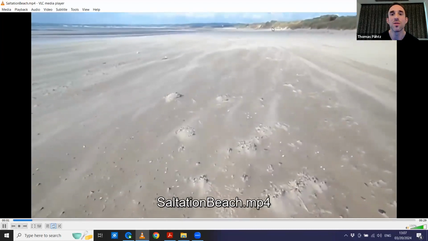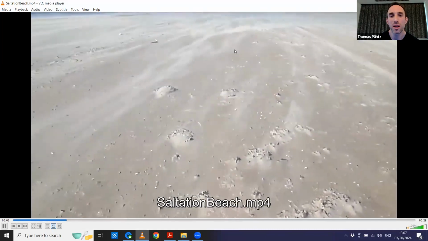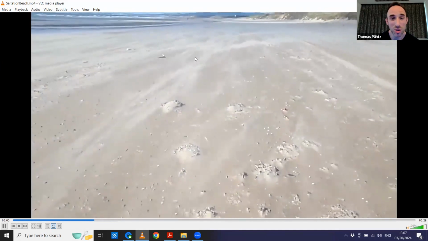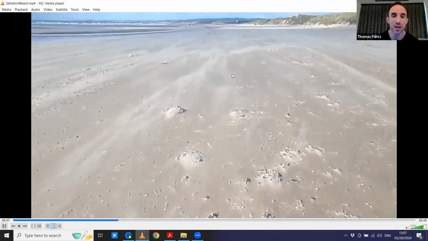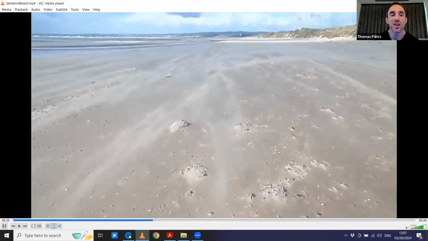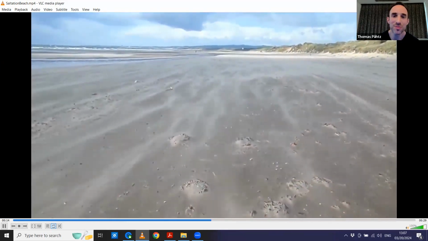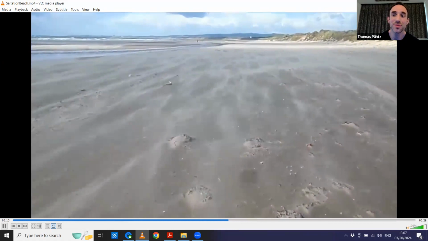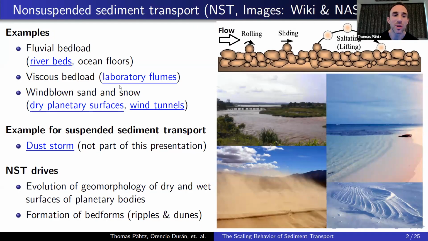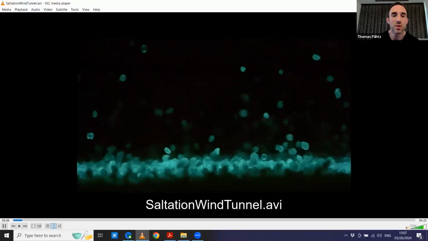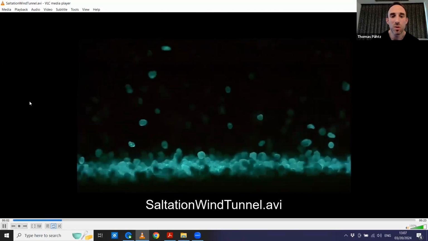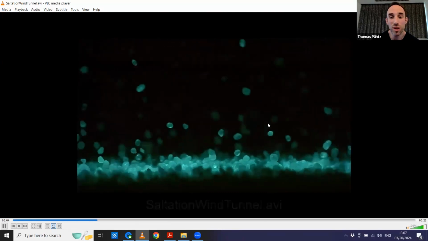Here you can see the wind is coming from above, and you can see those streamers, which are basically non-suspended sand transport by wind. And then you also study this in the laboratory, for example, in wind tunnels. In this video, we have wind blowing from the left, and you can see the particles moving.